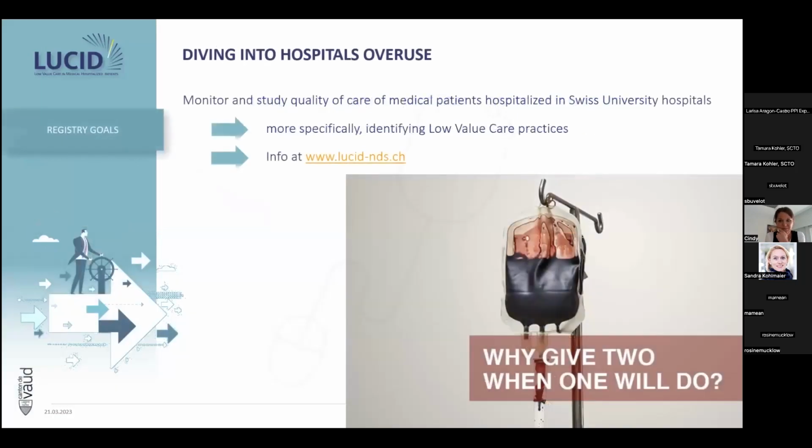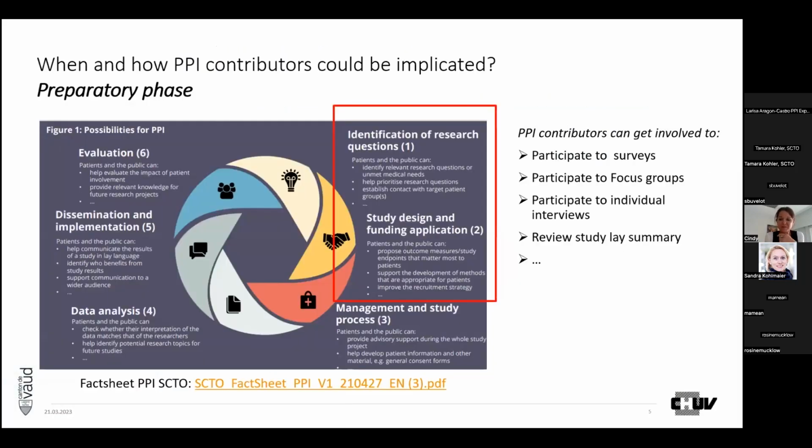So first of all, let us go through the different phases of your trial and see how and when you could involve PPI contributors. As you have already seen in other presentations, there are more or less three phases where you can involve them.